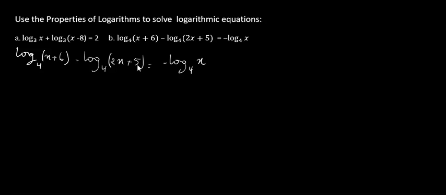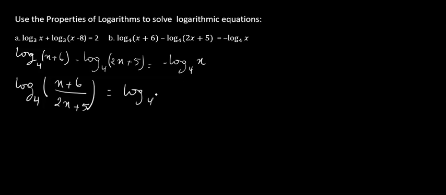For this part, I will use the quotient property, and for this part, I will use the power property, which means this one becomes log base 4 of x plus 6 over 2x plus 5 is equal to log base 4 of x to the minus 1.